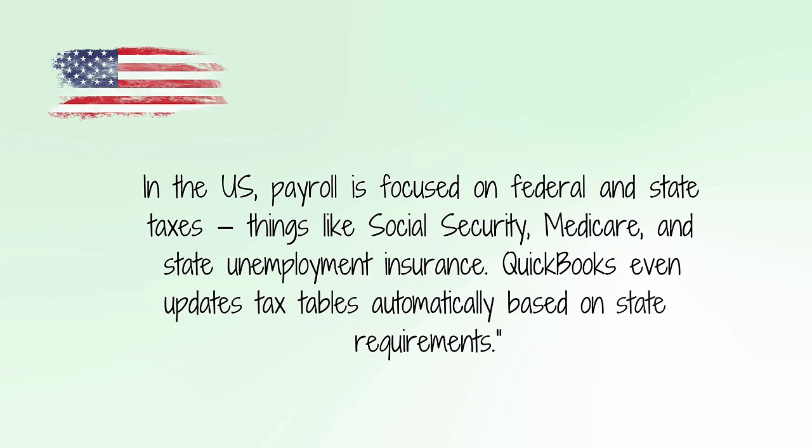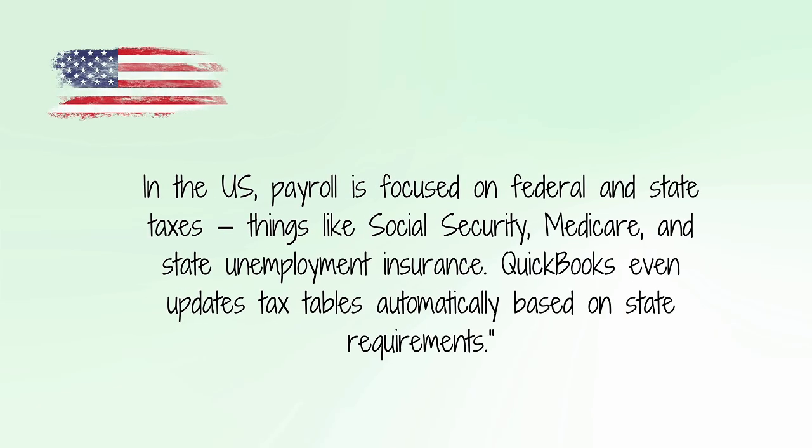In the US, payroll includes Social Security, Medicare, federal income tax, and state-specific deductions. And it automatically updates based on federal and state tax tables. The takeaway is Canadian payroll ties directly to the CRA requirements, while US payroll must juggle multiple state systems.